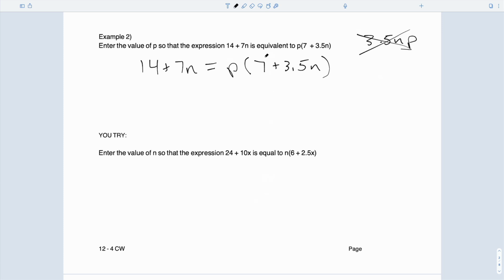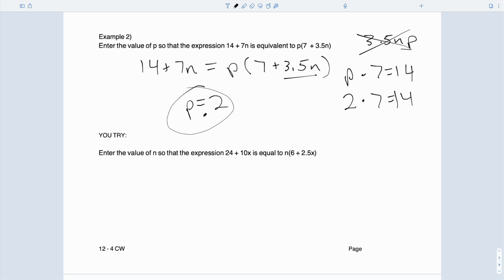And Abby, what are you thinking instead? That works. Notice how the 3.5 is a decimal, so we're going to stay away from that one. 7 times 2 is 14, so p would equal 2. Okay, circle it. Those are the two easiest problems you'll see.